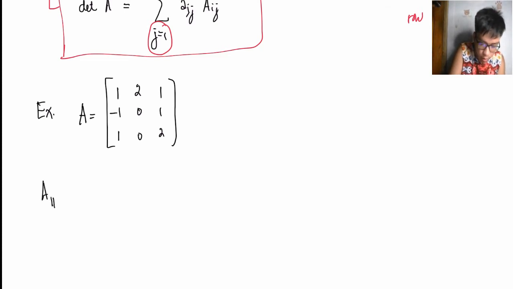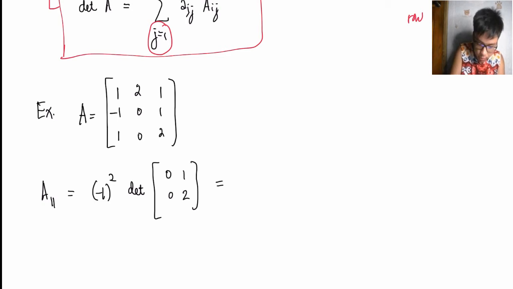This is (-1) to the 1 plus 1, because i is 1 and j is 1, so you get 2. That's the determinant of what is left. You remove row 1 and column 1, so you're left with 0 0 1 2.